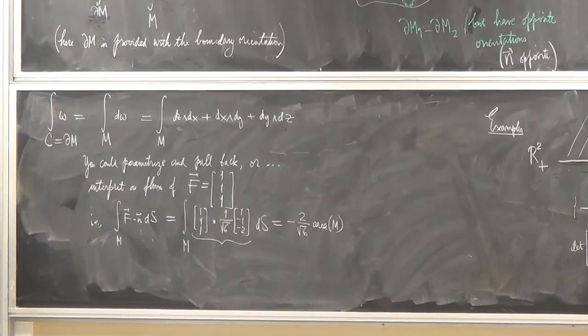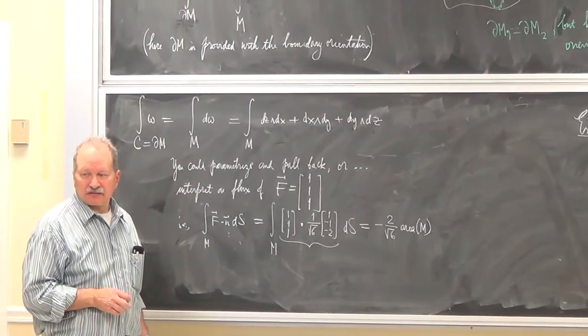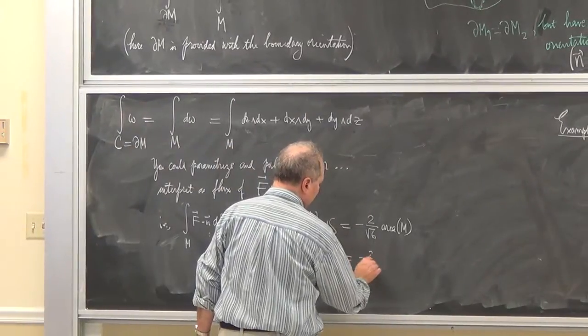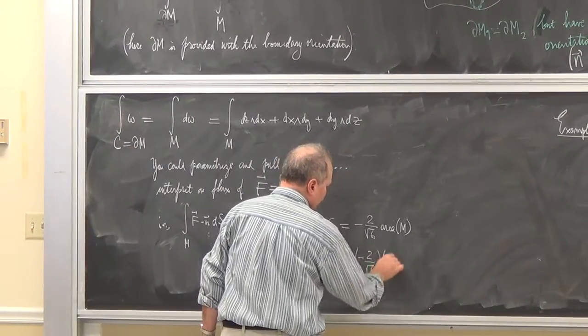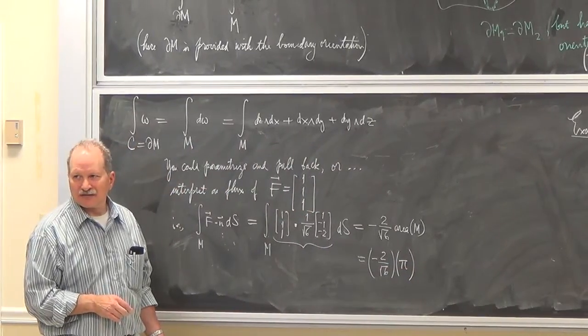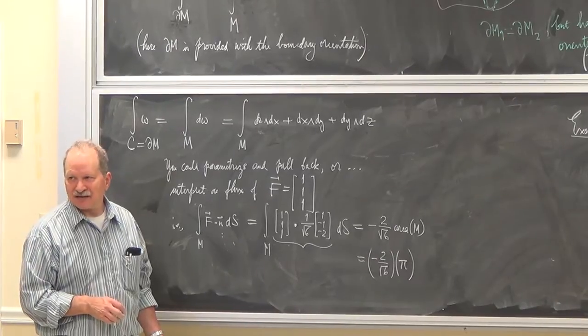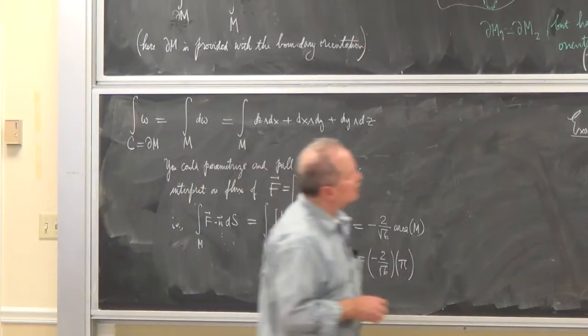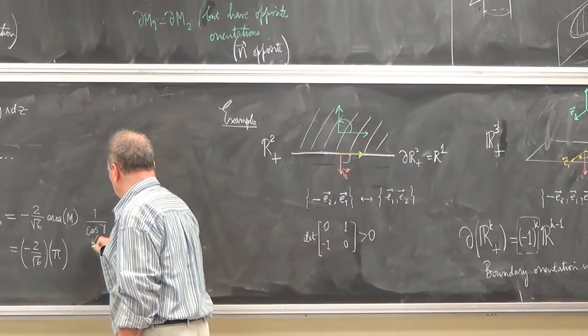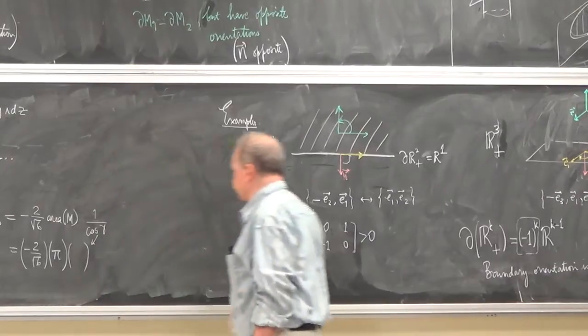What's the area of the region? Area of the projection times 1 over cosine. So what's that going to be? You got the normal with the E3.